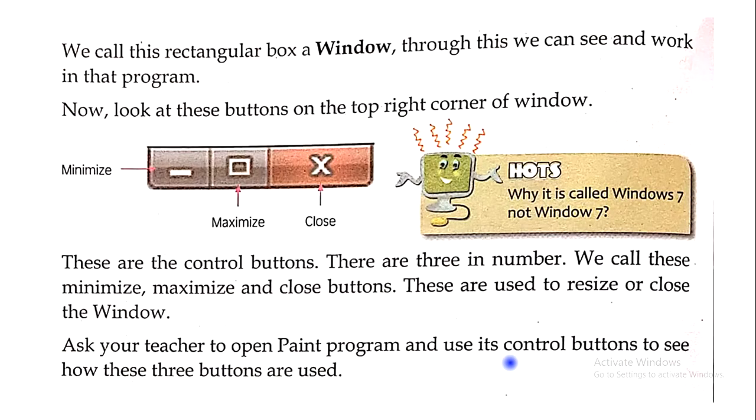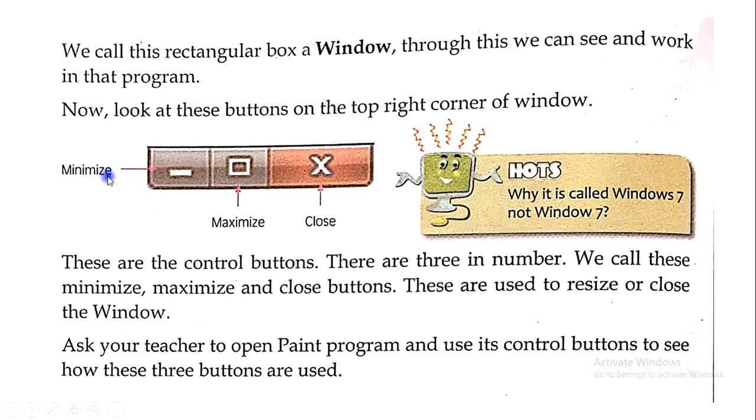Now in the last class we stopped at the point where we were learning about a few buttons present in each window. The names of these buttons are minimize button, maximize button and close button.